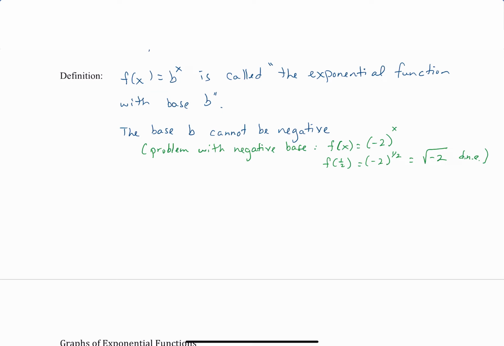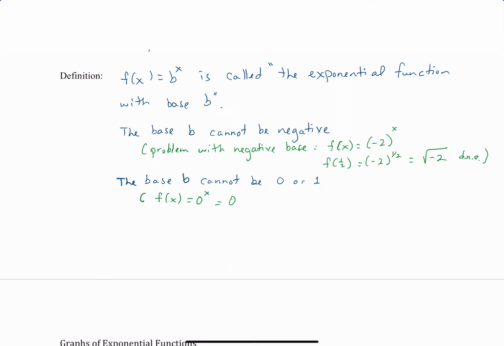The base b also cannot be 0 or 1. And again, it's not that you can't take 0 or 1 and raise it to a power, but suppose we said, oh, hey, my exponential function is 0 to the x power. The problem is 0 to the x power is always 0, no matter what x is.